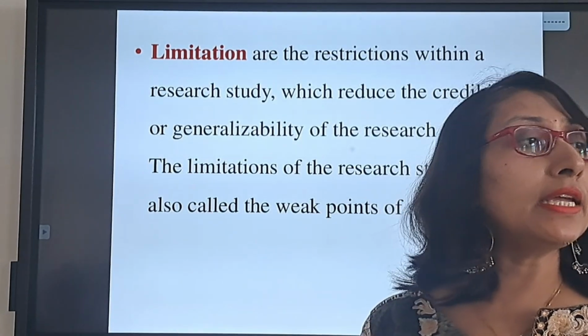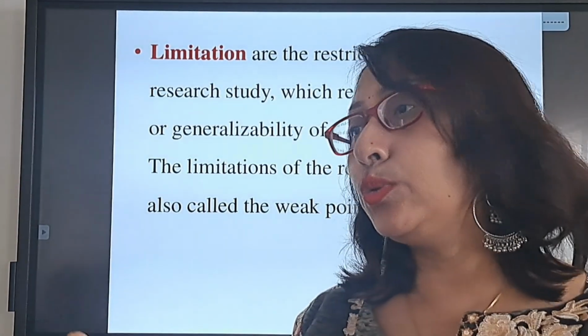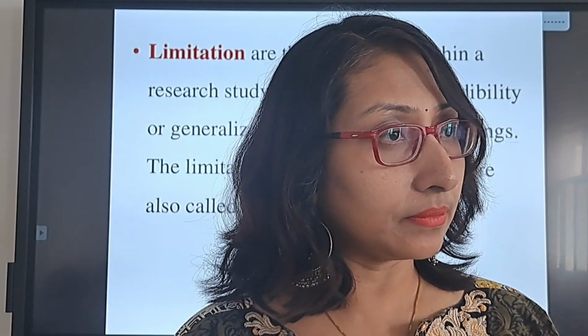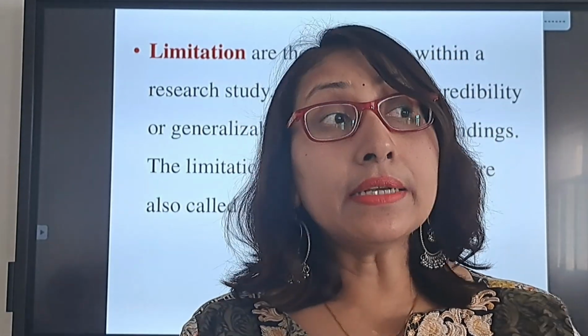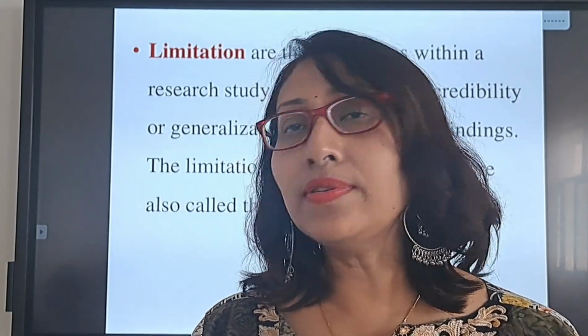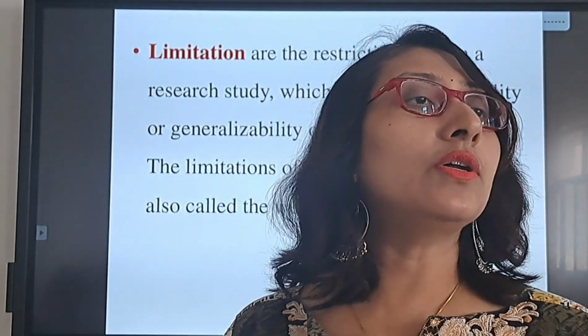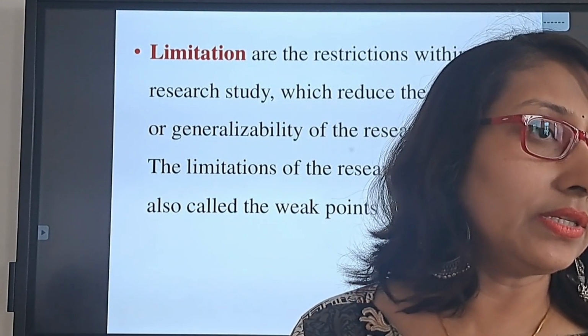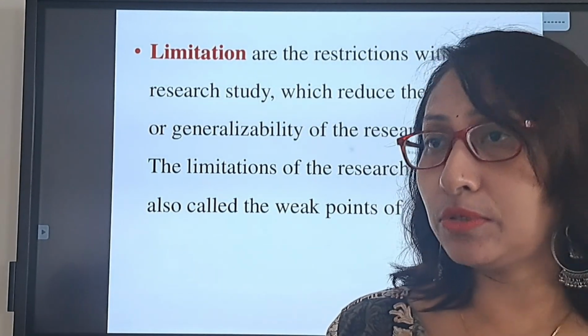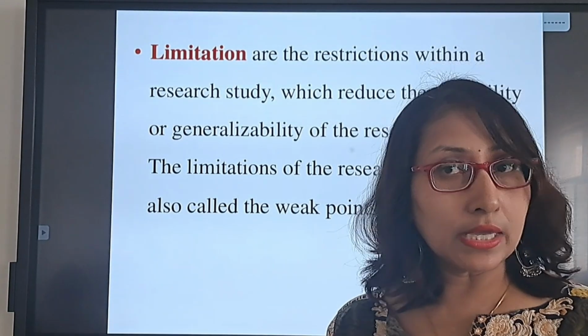You are doing the study with maybe a certain group of students of a certain class. So that is again a limitation. You are not taking the entire class. You have selected maybe 25% of the students of the class based on the main strength of the students. So that is your limitation.